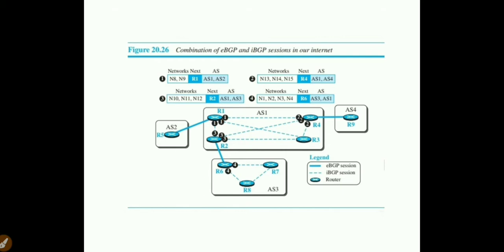The border routers available in AS2 are R2 and R5, and the networks available in AS2 are N8 and N9. So N8 and N9 are the networks available in another autonomous system, AS2.